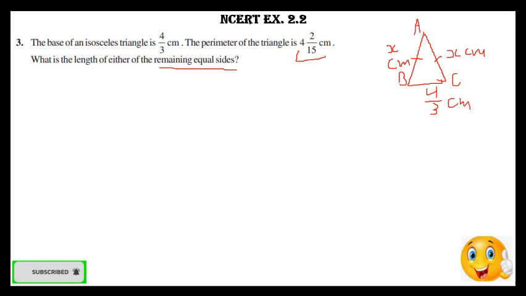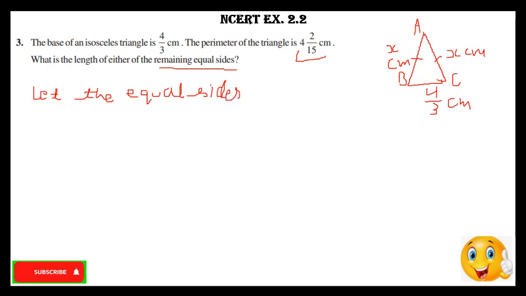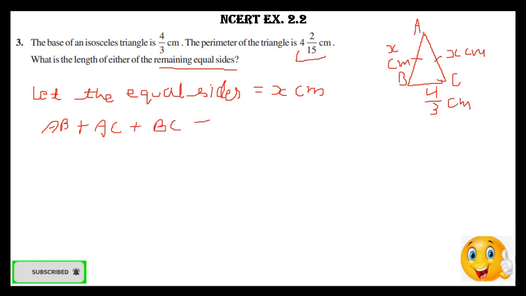And the very first statement in the solution must be, let the equal sides be equal to x centimeter, and the equal sides are AB and AC here. Sum of all the three sides AB plus AC plus BC is equal to the given perimeter, that is 42 by 15 centimeter.